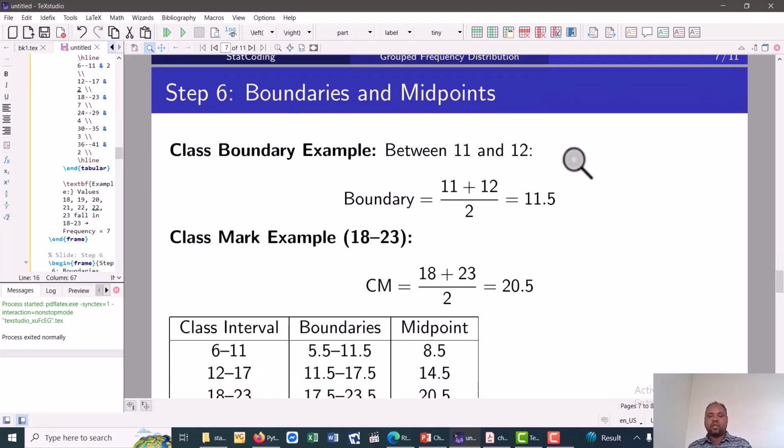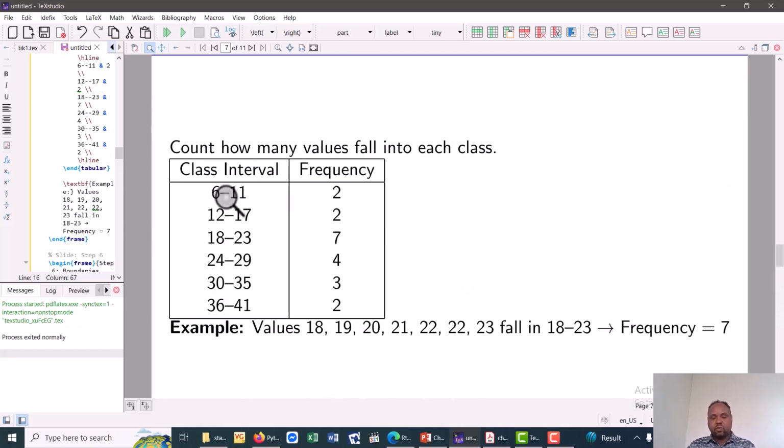Now let us construct this grouped frequency distribution in terms of class boundaries. Let us consider two consecutive classes, for example, the first class from 6 to 11, the second one from 12 to 17. Here we can notice that there is a gap between 12 and 11. The gap is 12 minus 11, which is 1.